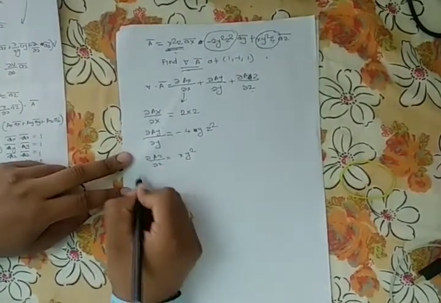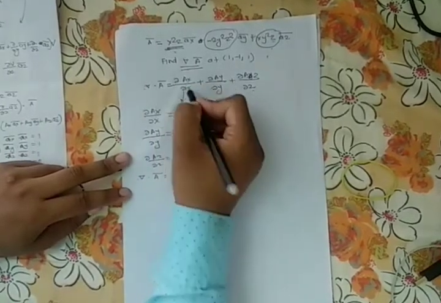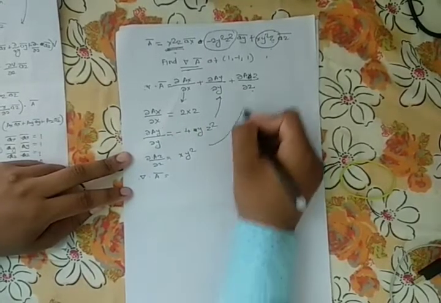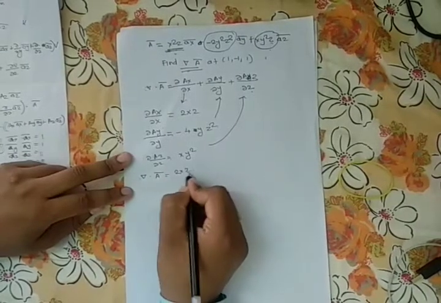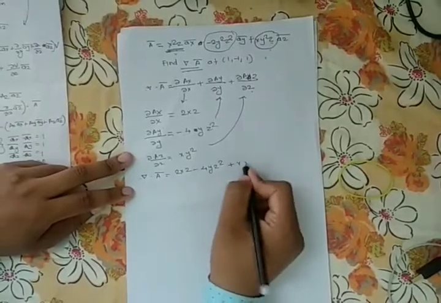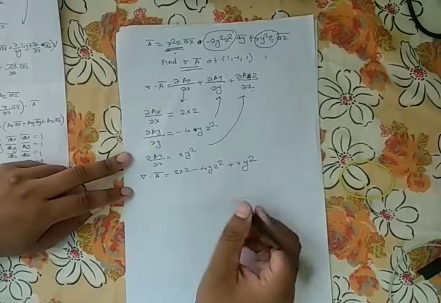So del dot A bar is 2xz minus 4yz square plus xy square. So like that you can solve this del dot A bar.